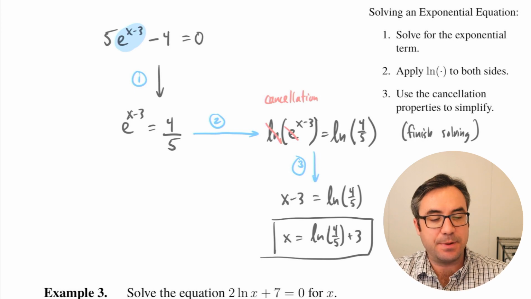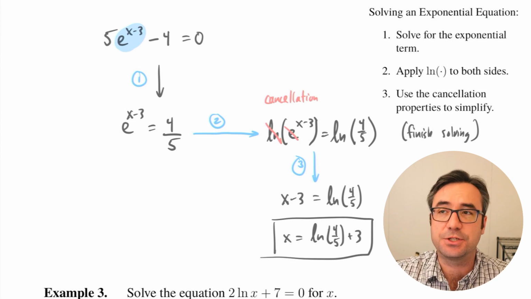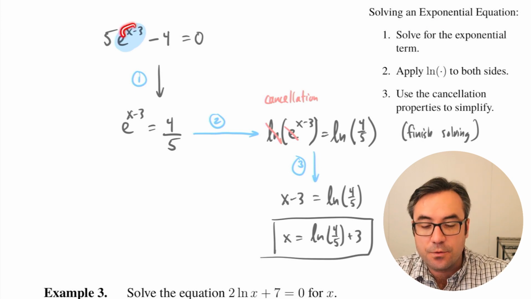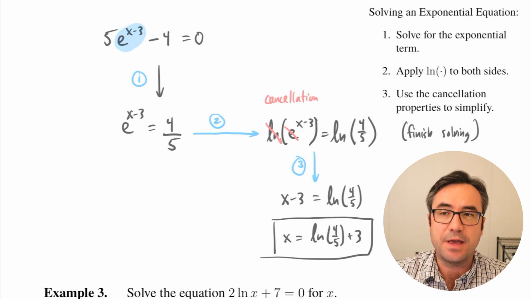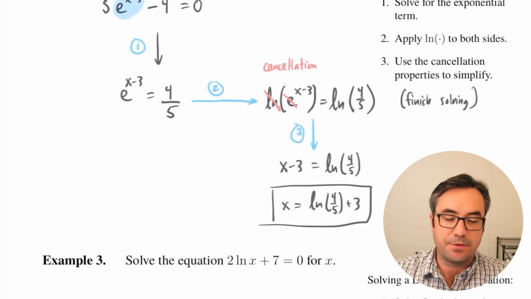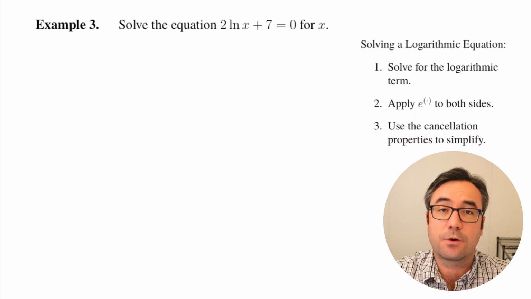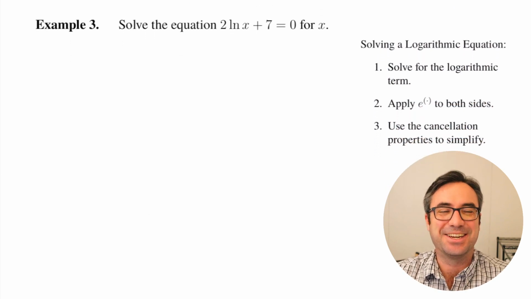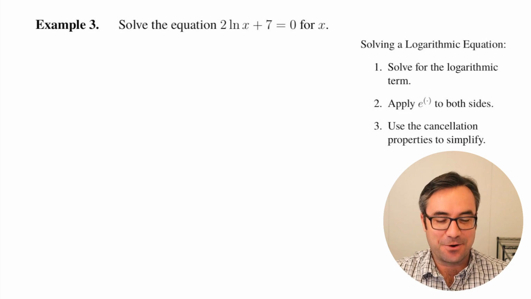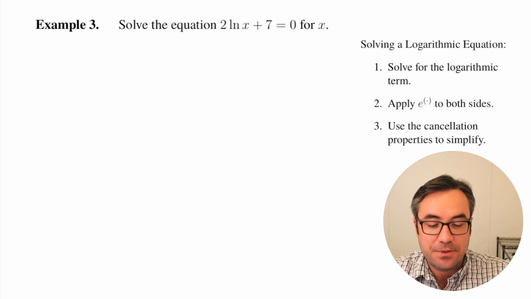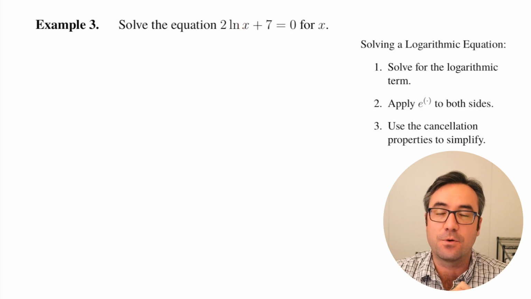Now this is for exponential equations where the unknown variable that we're trying to solve for is up in the exponent. There is another type of equation, and that's a logarithmic equation. Kind of tricky to say. For logarithmic equations, the unknown variable that we're trying to solve for is inside of a log function.